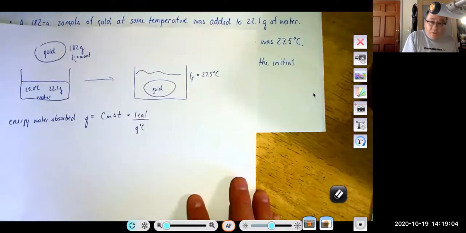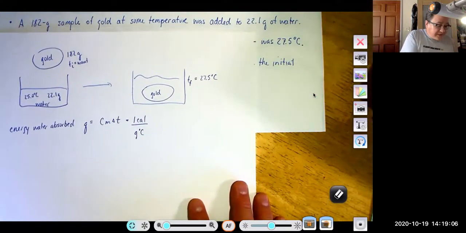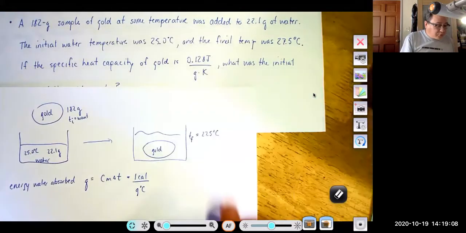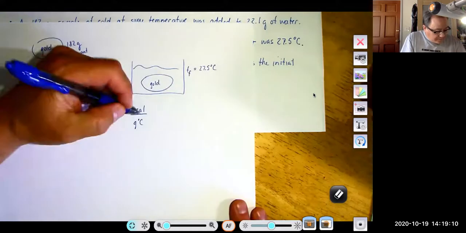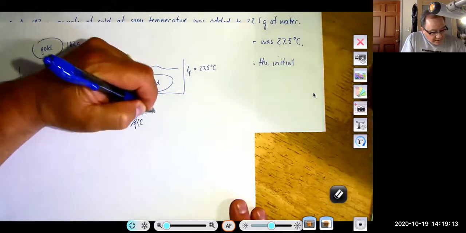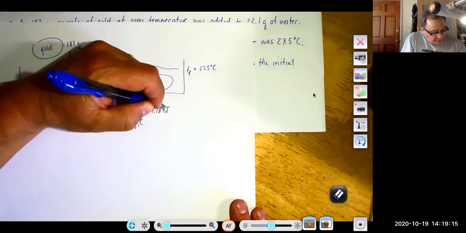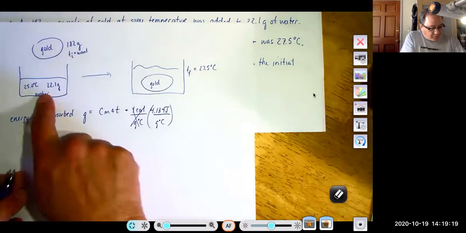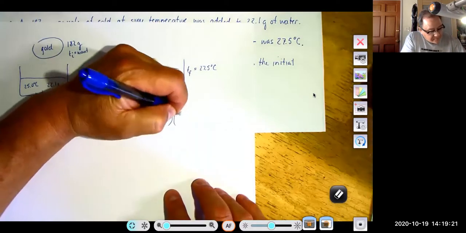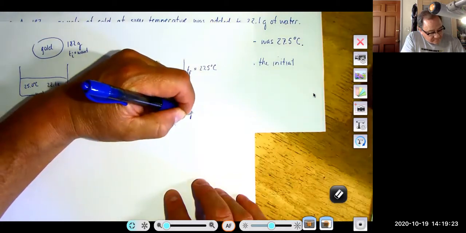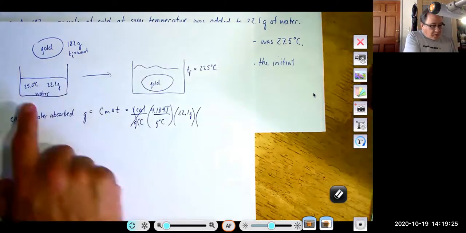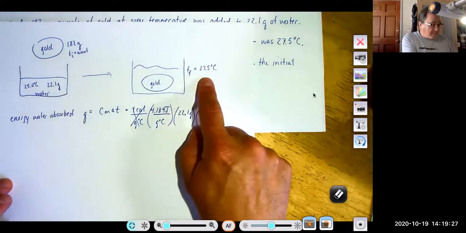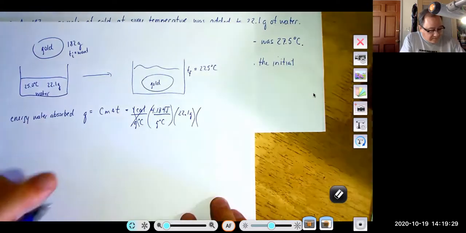And I'm going to make that 4.184 joules because the problem gives us joules for gold. 4.184 joules per gram degree Celsius. The mass of the water was 22.1 grams. And the change in temp of the water is 27.5 minus 25.0.